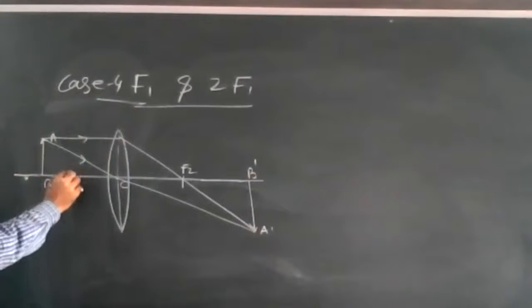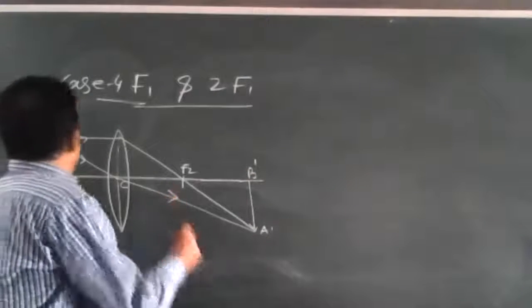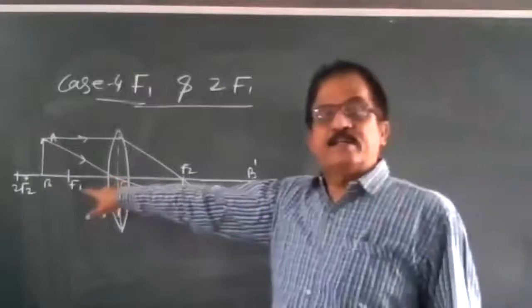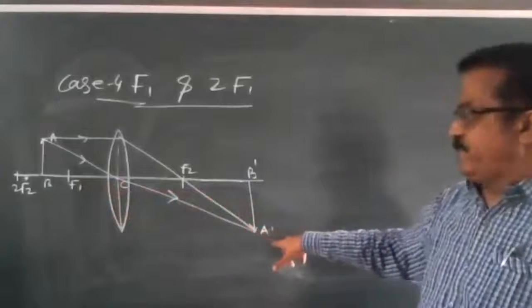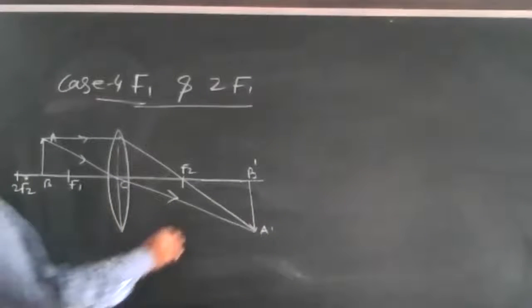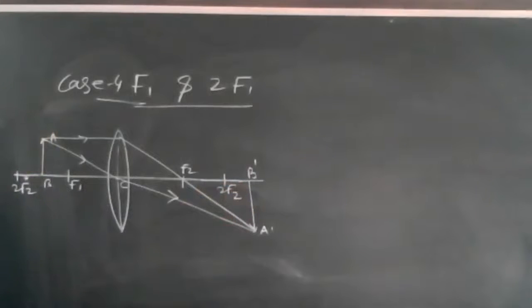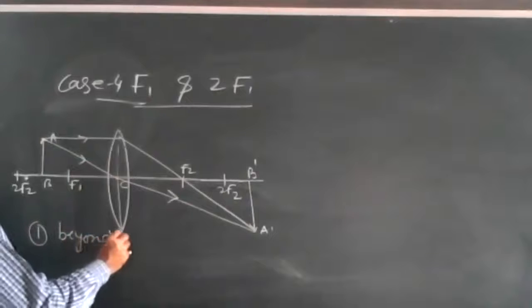You can see here, this is F1 and here it is F2. So when the object is held in between F1 and 2F1, we are getting the image beyond 2F2. You can see here, this is 2F2. So I can say the image is formed beyond 2F2.